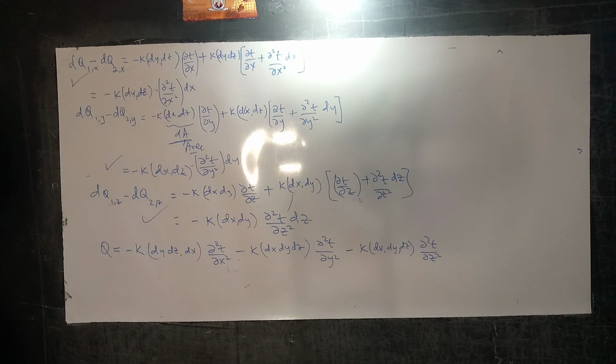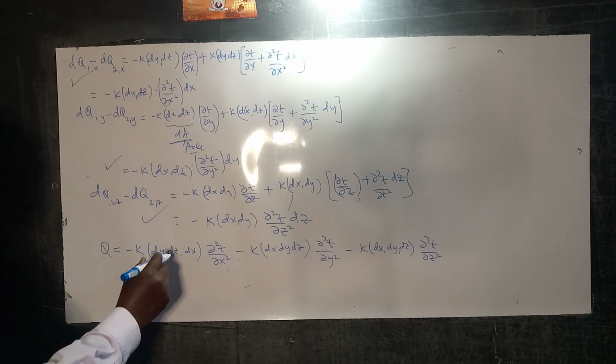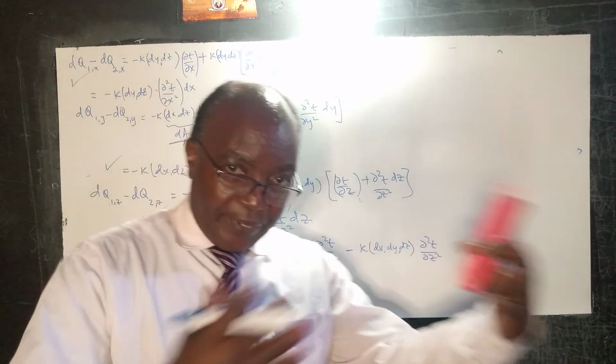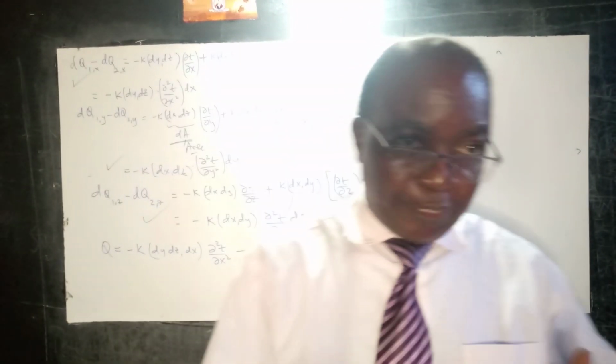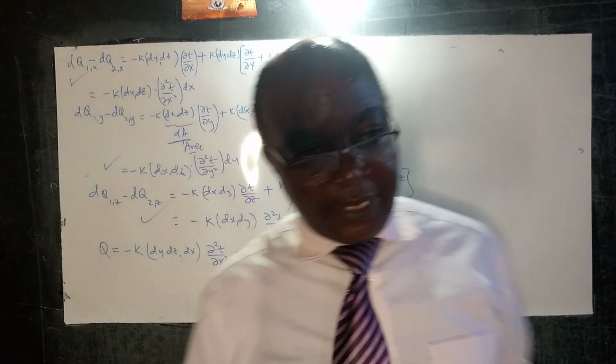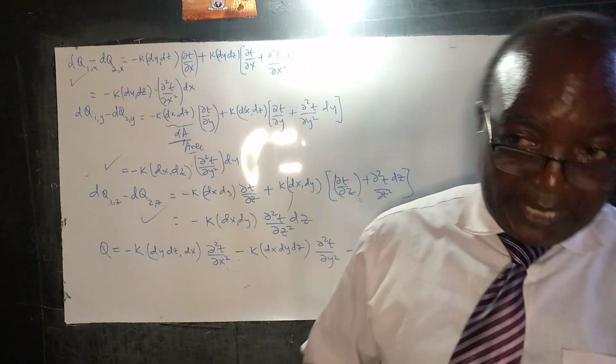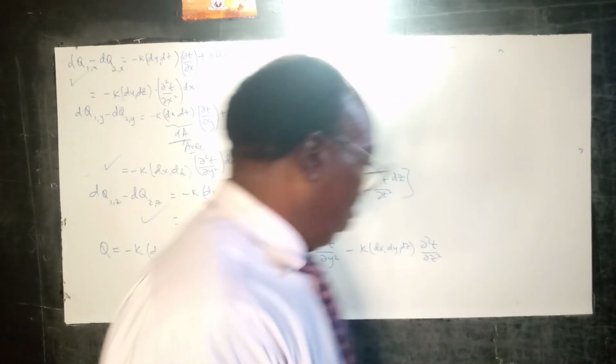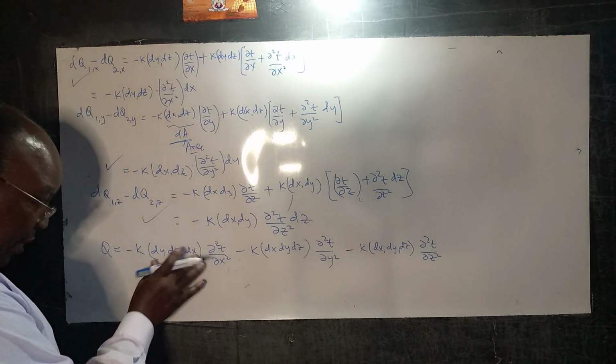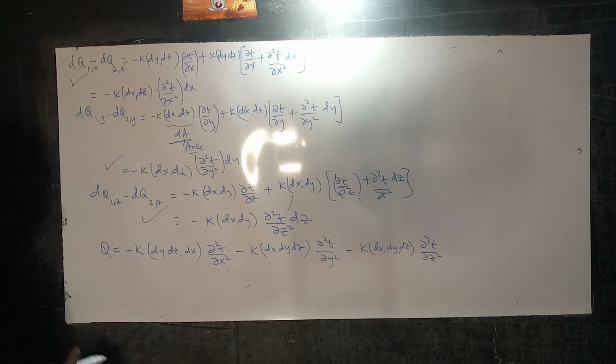So we can again factorize these quantities here. We have minus k dy dz dx. That's in 3 dimensions. 1 dimension will be talking of either the x-axis or the y-axis or the z-axis. So it's 3 dimensions, so we have all the axes x, y, z that are indicated.